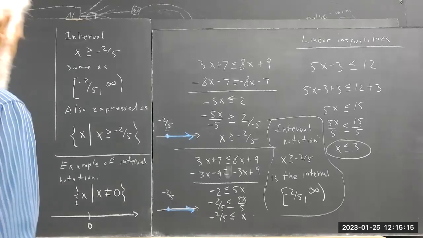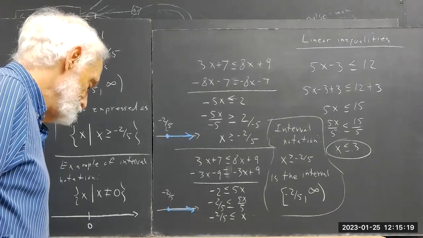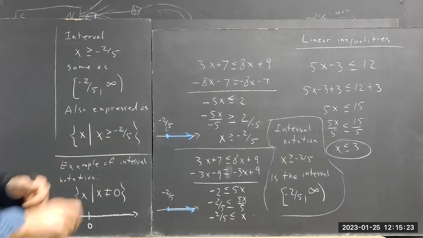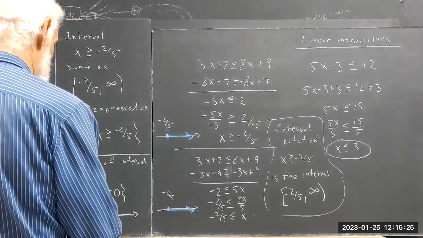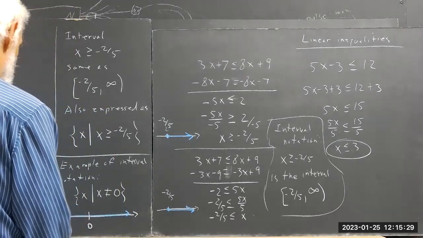Okay. So, I asked how we might do this. The answer I got was, well, you're going to have two arrows. And that's right. You have an arrow from here to here, and an arrow from here to here.